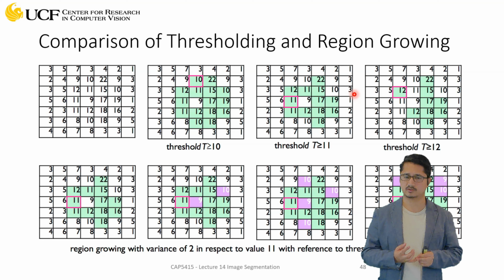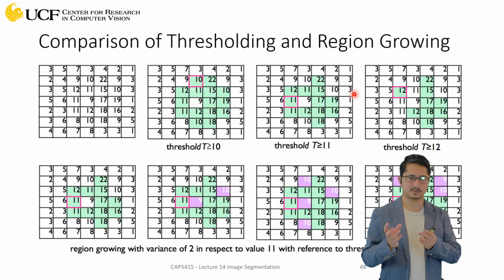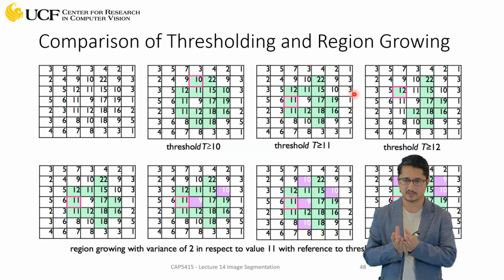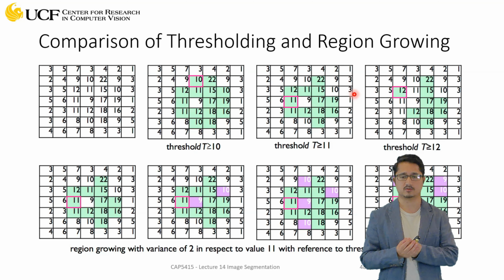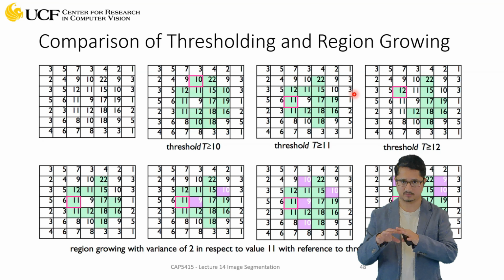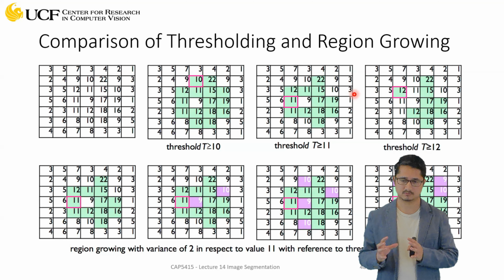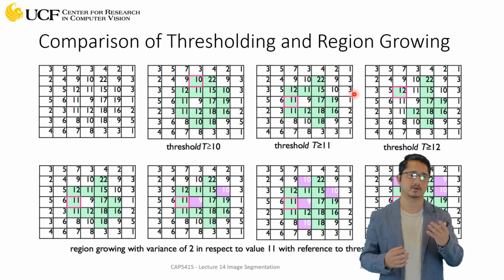For thresholding, all you look into is the pixel intensity, and you just say whether it's foreground or background. But in region growing, if you think about this, you are actually taking the spatial proximity of those pixels into account. So it's more likely that your regions will be more coherent, or they will be in the same spatial proximity, as compared to thresholding.